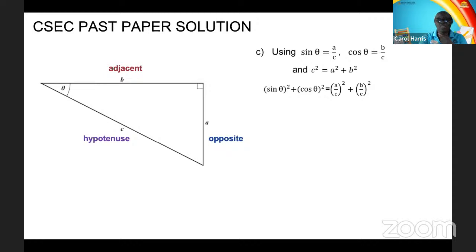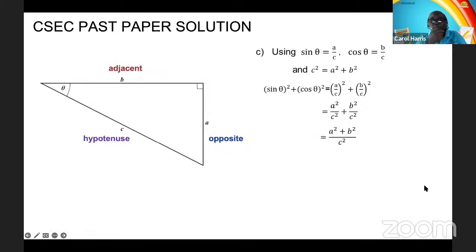So when CXC asks you to show something, it means that you're going to use what you have previously and work down till you get to what they've asked you. So we know that the square of sine theta plus the square of cos theta will be A squared over C squared plus B squared over C squared. All right, fine. Great. That's what you all told me a while ago, so we're on the same page.